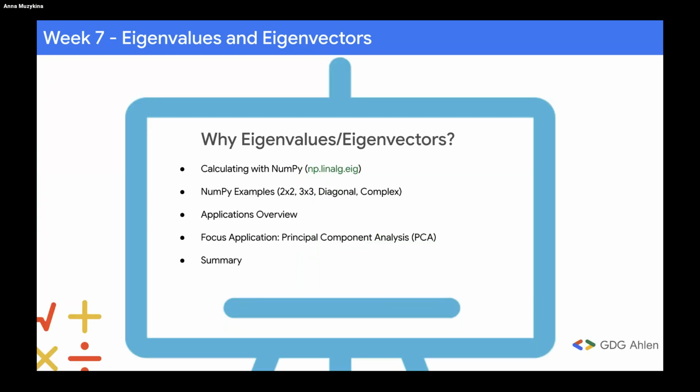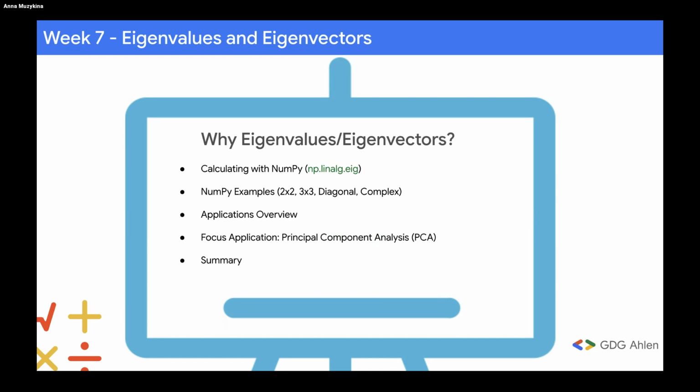Next, we will introduce a practical tool, NumPy's eig function from the linalg module. We will then work through several NumPy examples: a basic 2x2 case with verification, a 3x3 example, an insightful case with a diagonal matrix, and an example showing complex results.